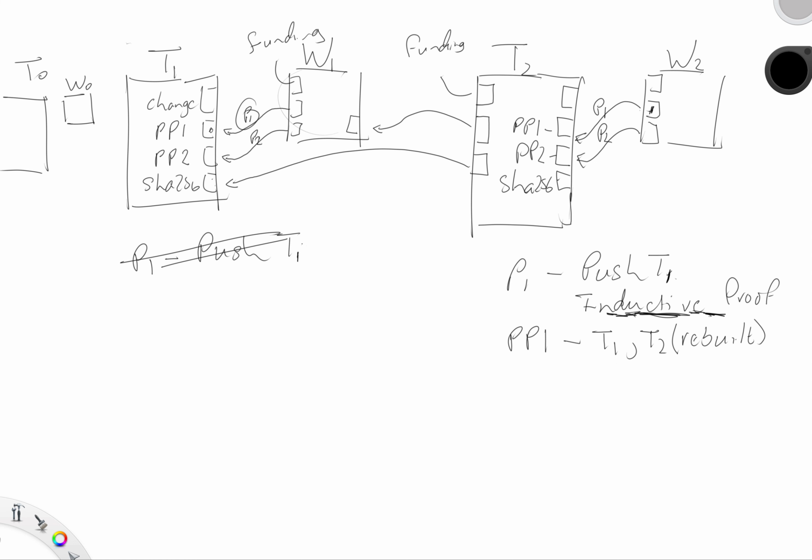Even though you can perform an inductive proof over here, you don't know that this validation here was executed, because you can't detect whether or not the person has actually performed this step over here. If the person just creates a transaction here, W1, and doesn't perform these, there is no way for you to detect over here that these things were never done, which means that the previous inductive proof was never executed, so the person can actually cheat you that way. We have to sort that problem out.